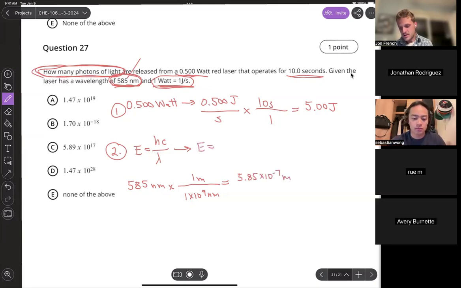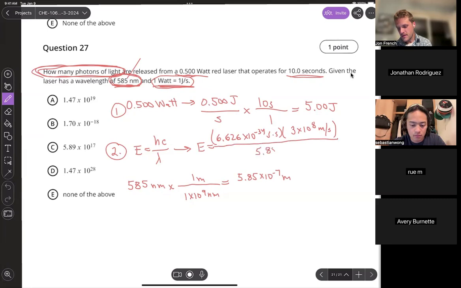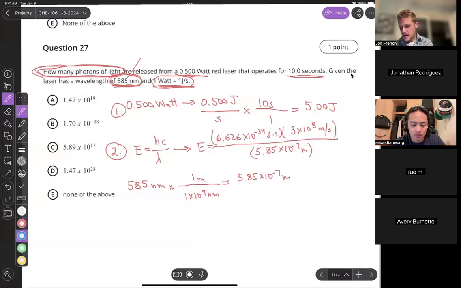So energy equals Planck's constant, 6.626 times 10 to the minus 34 joule seconds, times the speed of light, 3 times 10 to the 8 meters per second, all over my wavelength, 5.85 times 10 to the minus 7 meters. We do some unit analysis: multiply, seconds cancel out, we divide, meters cancel out, we're left with joules.